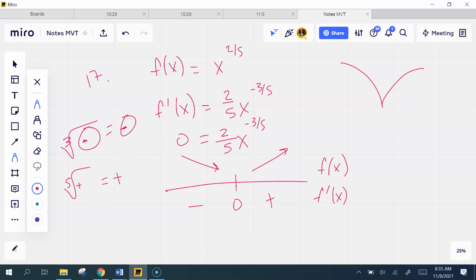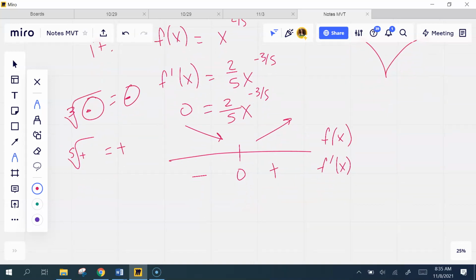And for this one, it says between -3 and 1. So I have endpoints. I know this is a minimum value because my function changes signs from negative to positive at that point.